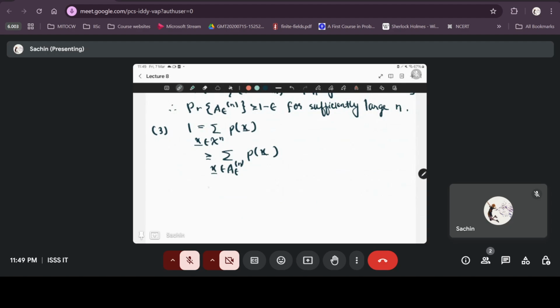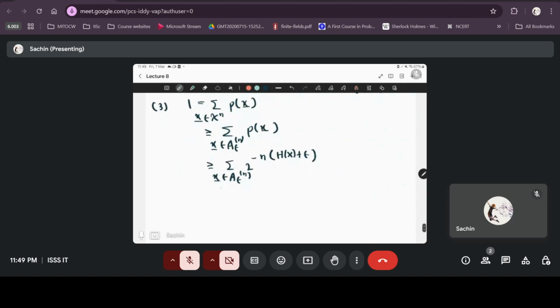But from the lower bound on the probability of a typical sequence, we have p of x is greater than or equal to 2 power minus n times (H of X plus epsilon). This is true for all sequences in the typical set. And this 2 power minus n (H of X plus epsilon) is independent of the sequence x itself.